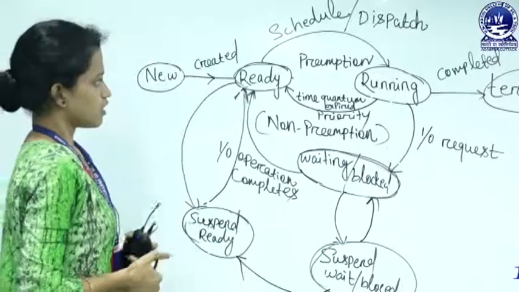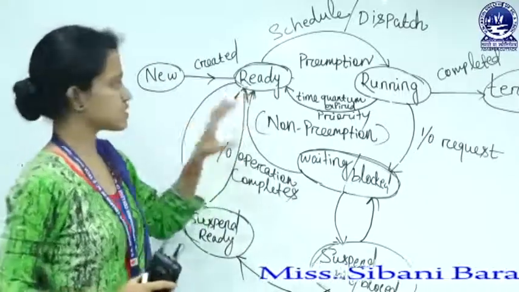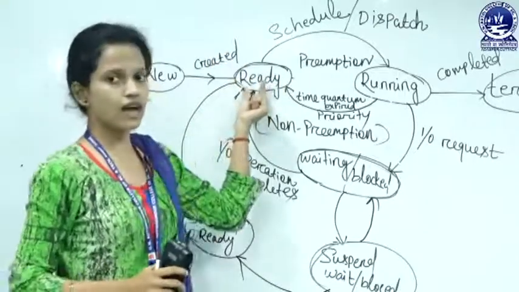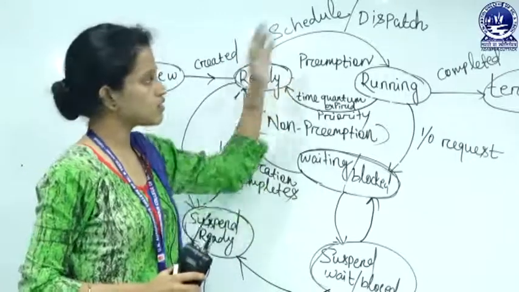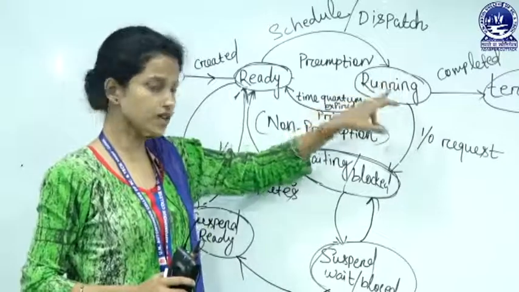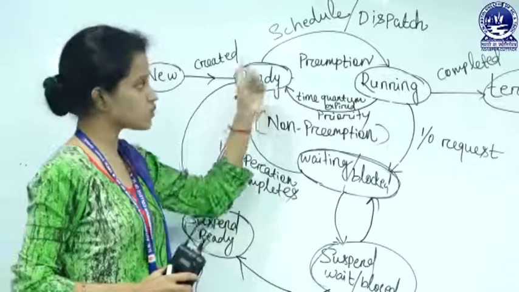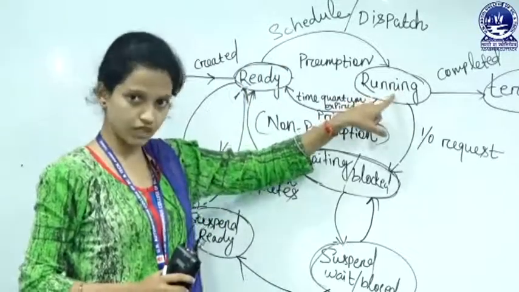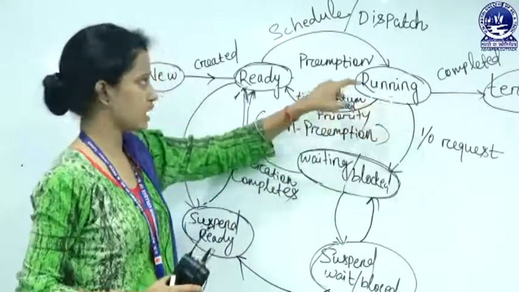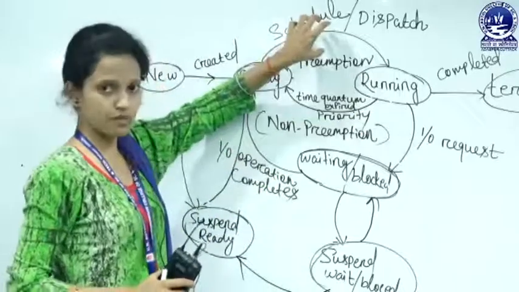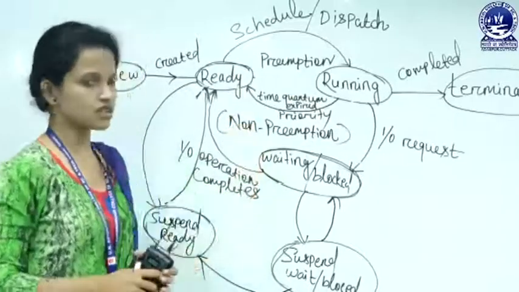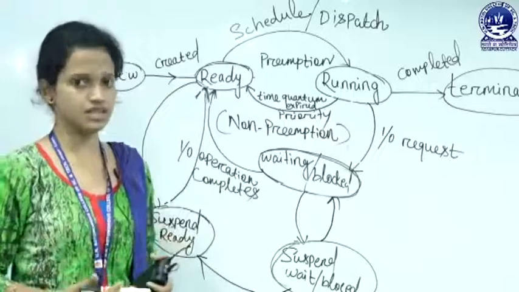If there are many processes residing in the ready state, maybe some process has a higher priority than the process executing in the running state. At that time the higher priority process will go to the running state, and the lower priority process executing in the running state will be forcefully removed, blocked for some time, and after that resume its execution again. So this case happens in multitasking.